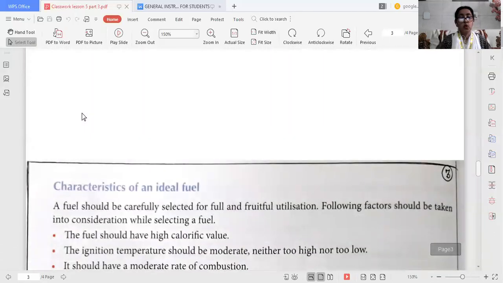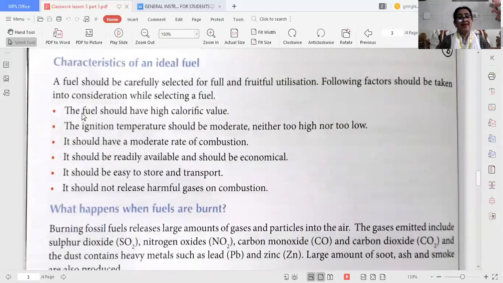Now next we will go to the characteristics of an ideal fuel. We say a fuel is ideal when it has a high calorific value. The ignition temperature should be moderate, neither very high nor very low. Third, it should have a moderate rate of combustion; the burning process should also be moderate.